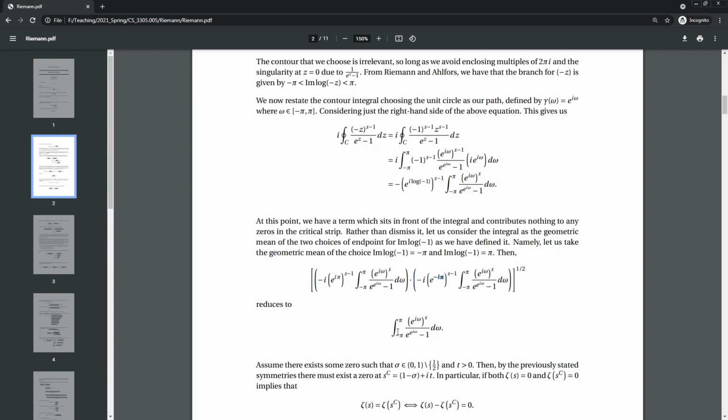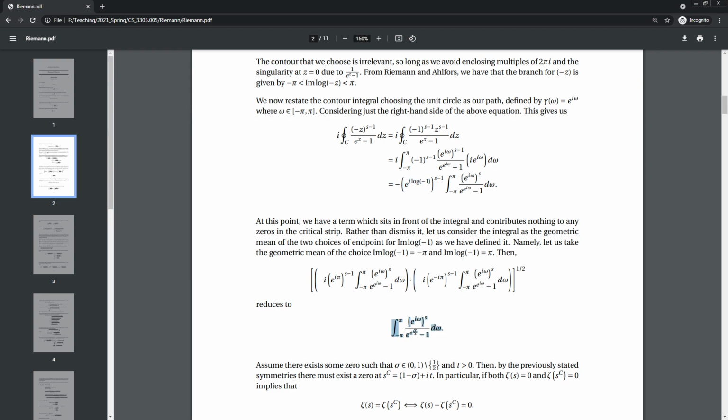Well, the result is just going to be whatever was inside this integral. So essentially, if we consider all possibilities for this and we take an average of it, then this variable just disappears. This is the average of all of the possible choices for how you resolve the log of -1. And it's pretty beautiful because it gets rid of this funky exponent as well. So this all drops off as a result of that.